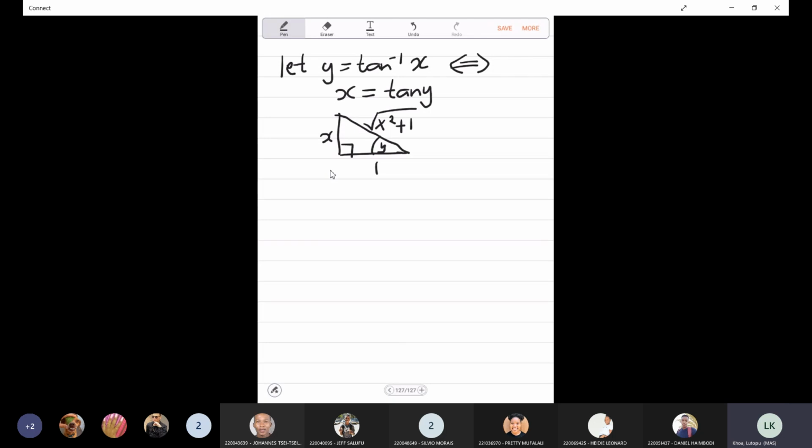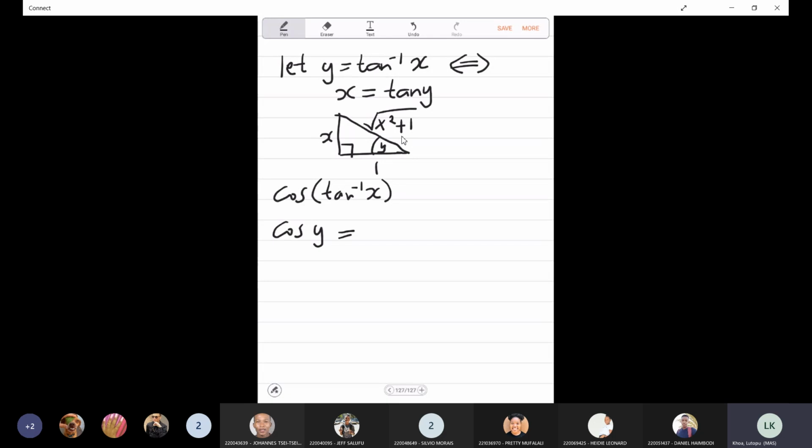All right, so what we are actually trying to work out is cos of tan inverse of x, which is just cos of y, because we said y is tan inverse of x. So we go back to our triangle and work out what is cos of y. We know that cos is the adjacent divided by the hypotenuse.